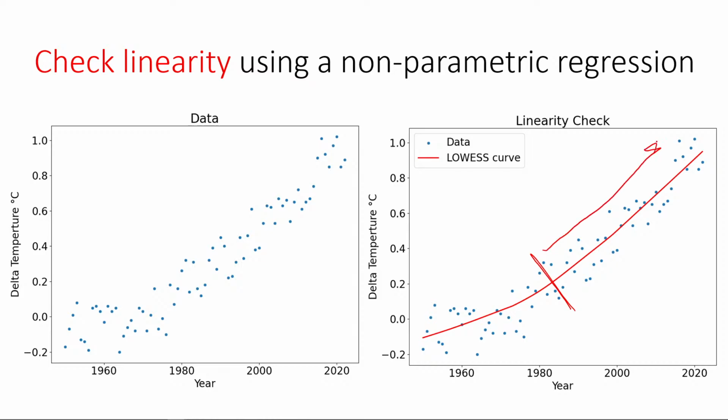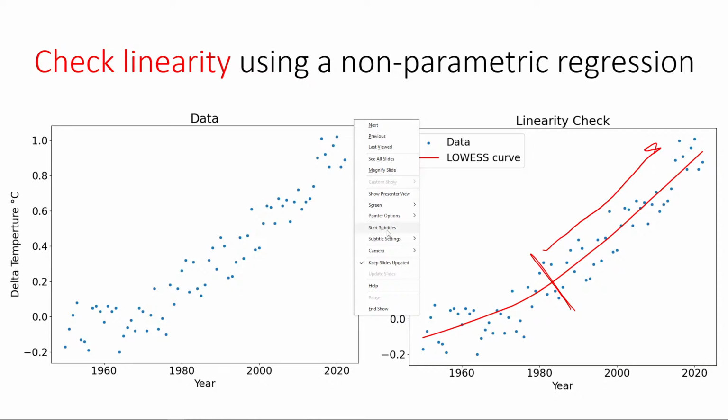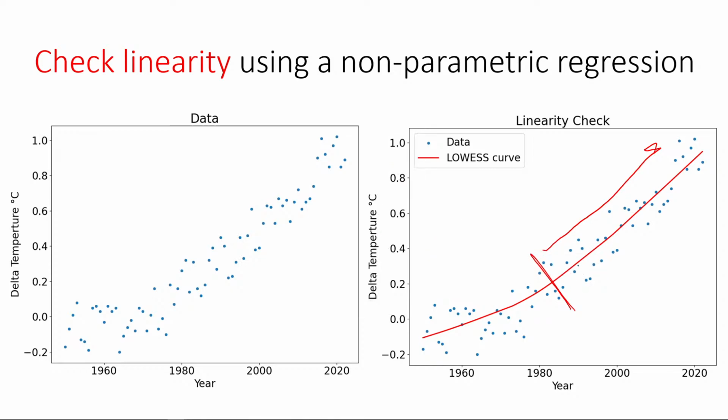Let me change this color. So starting from here, maybe this part is linear. Or maybe starting from here, this part seems linear, or maybe here. But this part is kind of non-linear.